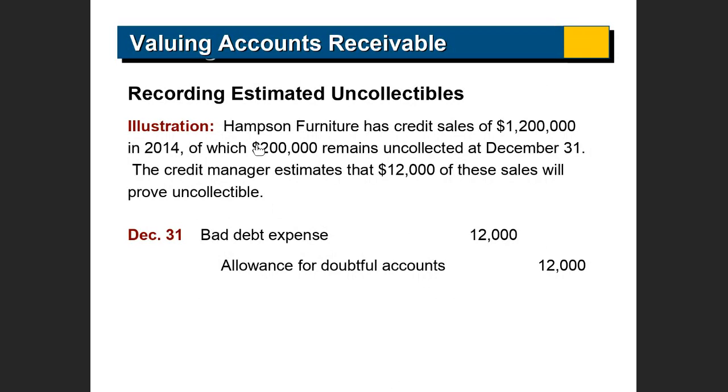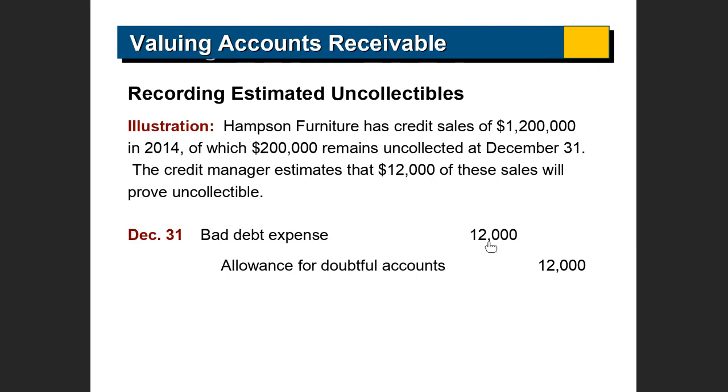Here, we have an example. Hampson Furniture has credit sales of 1.2 million, of which 200,000 remains uncollected. The credit manager estimates 12,000 of these sales would prove to be uncollectible. So now, they sold 1.2 million and they have accounts receivable of 200,000. Of this 200,000, they have made an estimate that 12,000 is not going to be collected.